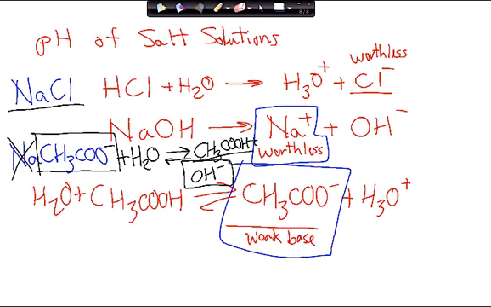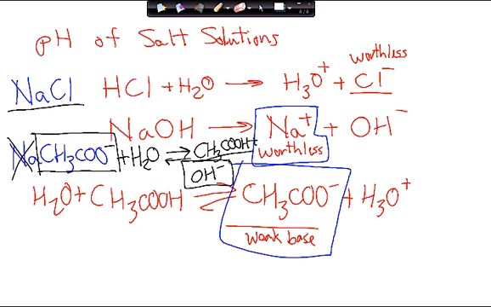So the idea then is this. When you put table salt in water, the pH remains 7, because neither the sodium nor the chlorine attacks the water. But when you put sodium acetate salt into water, the pH goes up, because the acetate ion attacks the water as a conjugate base, steals the hydrogens away from the water, releasing OH, making the solution basic and making the pH go up.